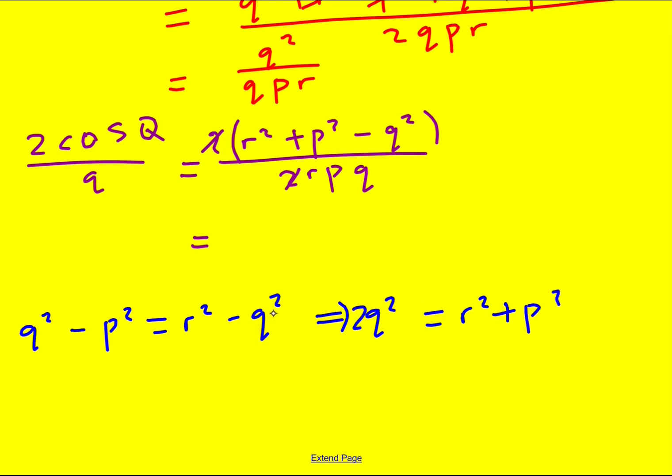So 2q squared is going to equal r squared plus p squared. So actually this is also going to be q squared over rpq.